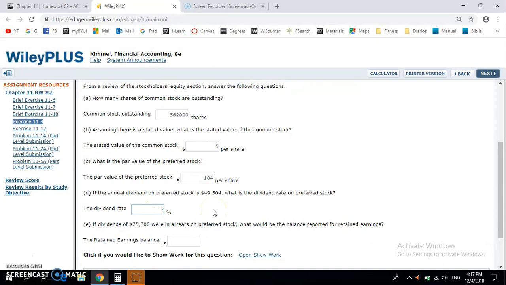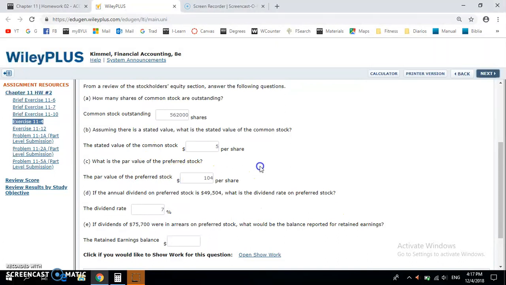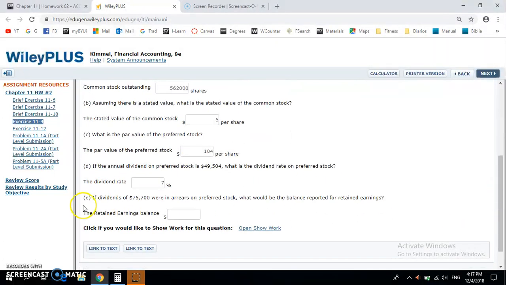We have to express it as a percentage. Okay, hope that was clear. We find out how much they were paid, and then we find out which percentage of the price of the share that money represents. Okay, hope that was clear.